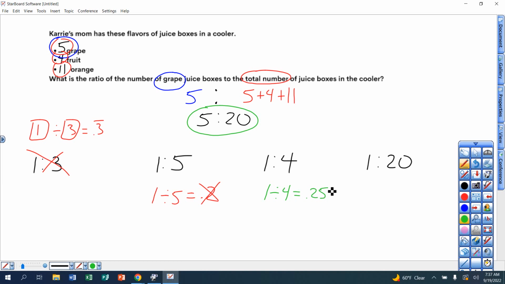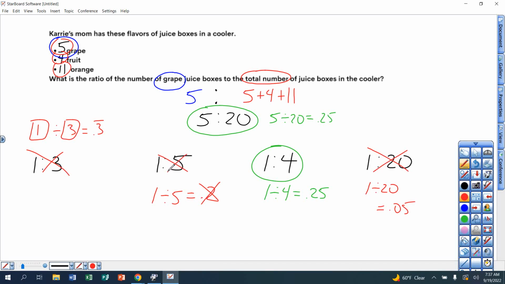If I do 5 divided by 20, if I get the same value, that means those are equivalent. Oh, there it is, 0.25. So that's one way of doing it. Using your calculator to divide them all out, find your values, and find the one value that matches up, that one, 0.25. That's the 1 to 4. These other ones are not equivalent.